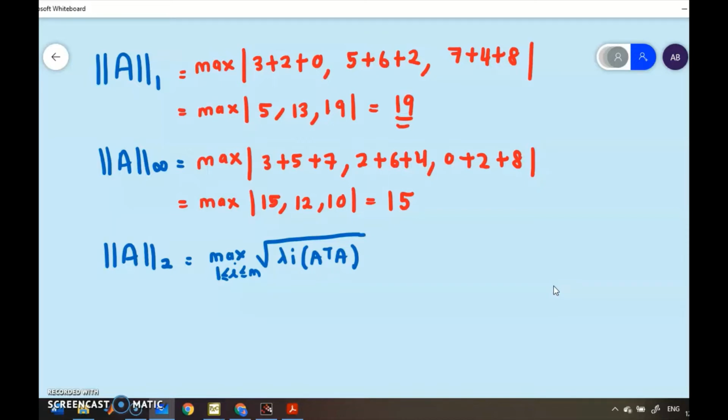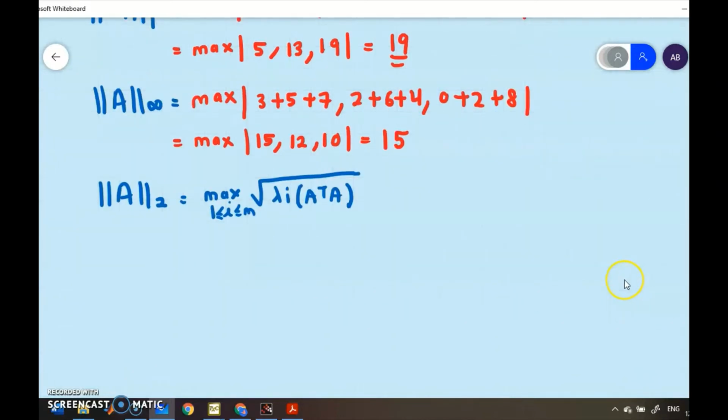Your matrix A is given as, I'm going to write it again, 3, 5, 7, 2, 6, 4, 0, 2, 8. This is matrix A.